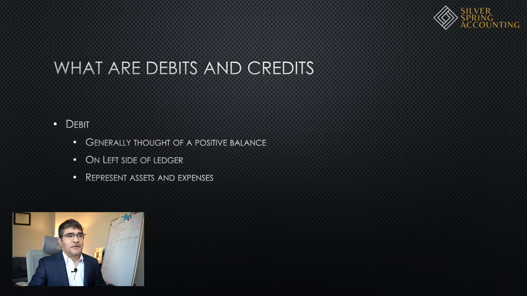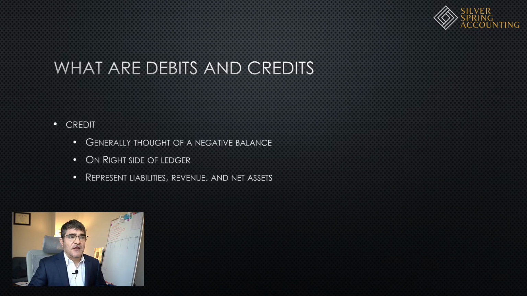So what are debits and credits? A debit is generally thought of as a positive balance, because when it's in a single column, it's represented by a positive number. It's going to be on the left side of a ledger or a journal entry, and it will represent a positive balance in assets and expenses.